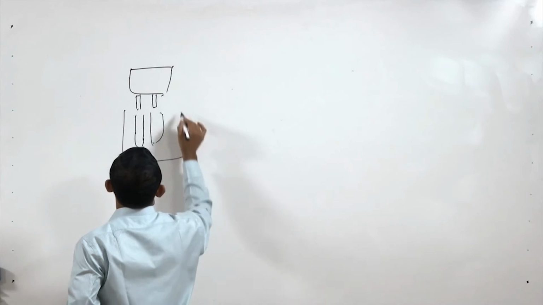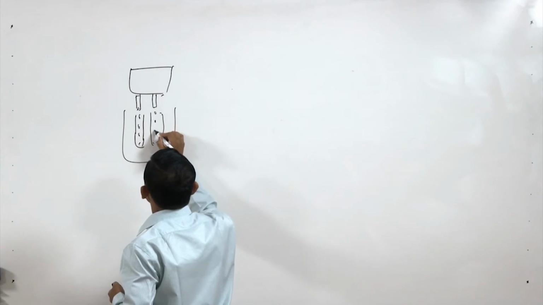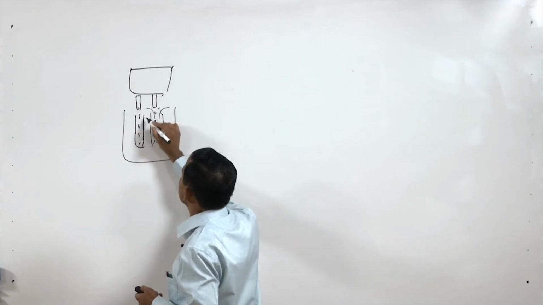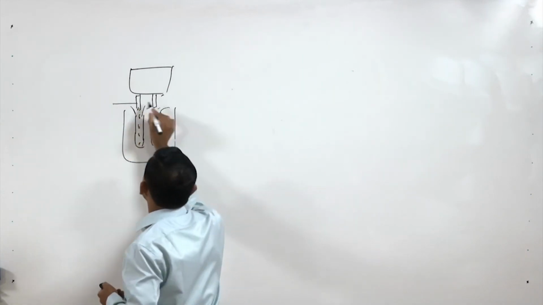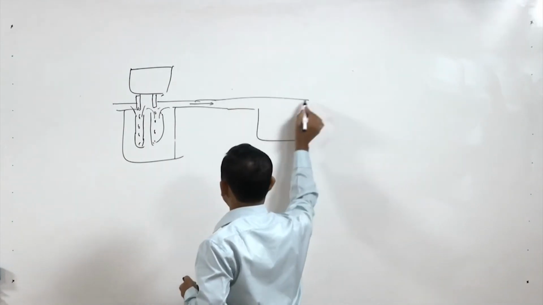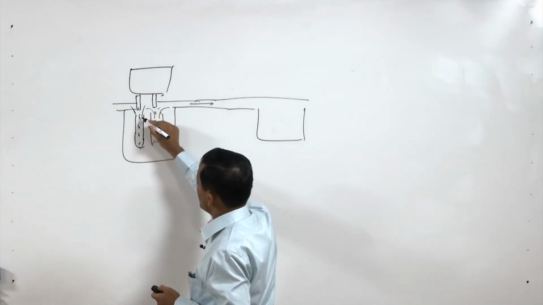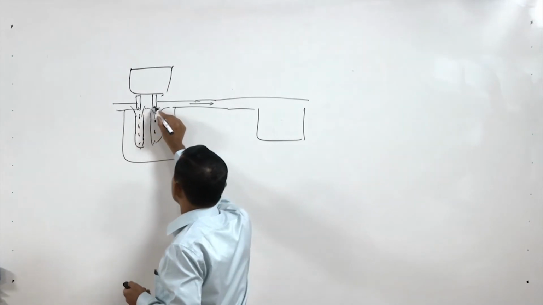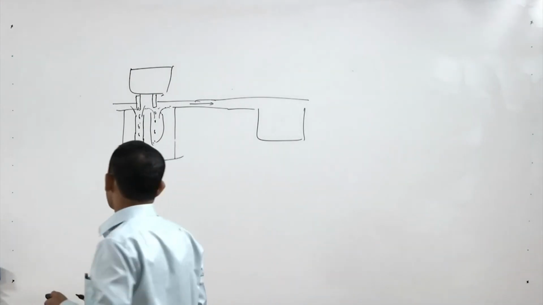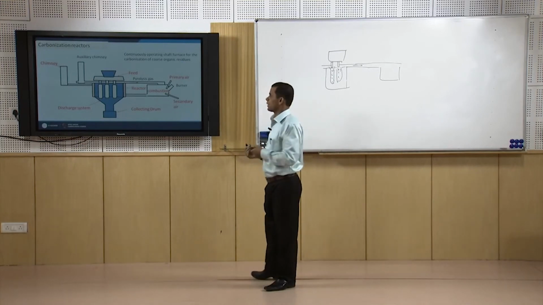If there are bigger size materials, they will flow inside, but if fines are there, the off gas which is generated during heating inside will go off through this channel and back to this combustion chamber. Fine materials will not be able to go through this, rather they may be carried over by the gas generated during the pyrolysis process. That is why this is suitable for coarse, bigger or medium size particles.